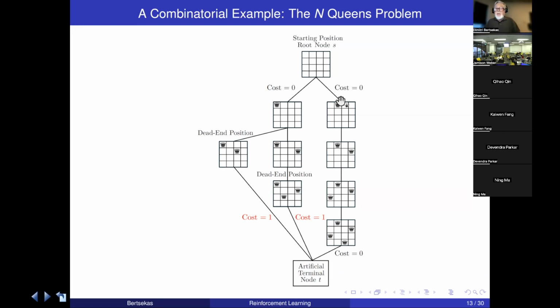Finally, if you choose this branch here, the only way we can place a queen without conflict is to put it on this square like this. And then the only square where we can place the 3rd queen is over here. And then we get a solution. So we have obtained a solution which corresponds to a path of cost 0. The paths that are not solutions correspond to cost 1. So what we want to do is find the shortest path in this graph of successive queen placements.